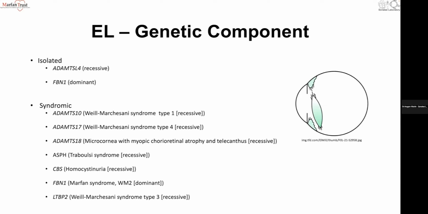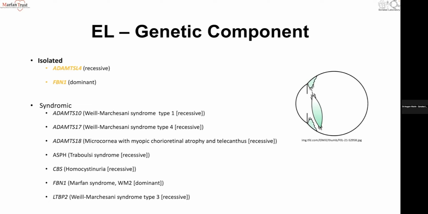It has been shown to occur in isolation and as part of a syndrome. While the ADAMTSL4 gene has not yet been shown to have any cardiac involvement, FBN1 is linked to thoracic aortic aneurysm, a clinical feature seen in many Marfan syndrome patients, and this can be fatal if not treated in advance.